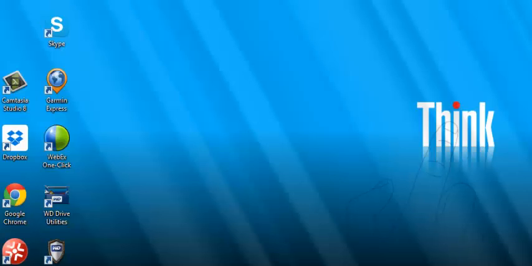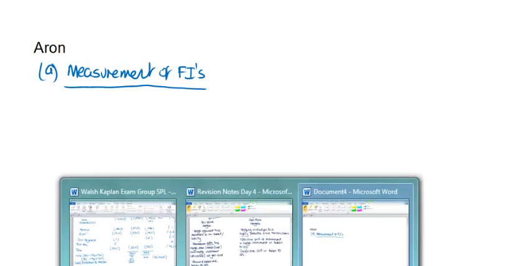So we start off, we're looking at the measurement of financial instruments.